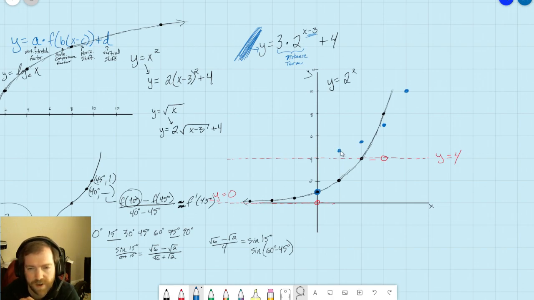So 0.75. 1 more to the left, it's half that distance. 1 more to the left, it's half that distance, etc. And again, 1 more to the right. From this distance of 6 here, we're going to have a distance of 12. That'll put us here. Way up.